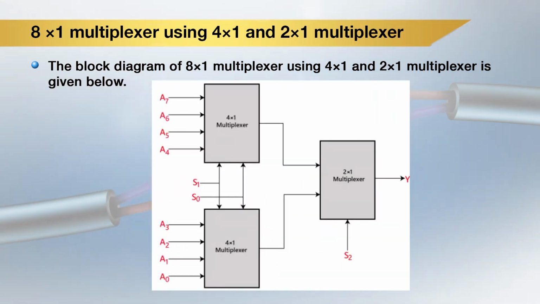Here we see there are two 4x1 multiplexers at the input end, where the 8 inputs are taken, and the outputs of these 4:1 multiplexers are given to the inputs of a 2:1 multiplexer, and the data is taken from the output Y.